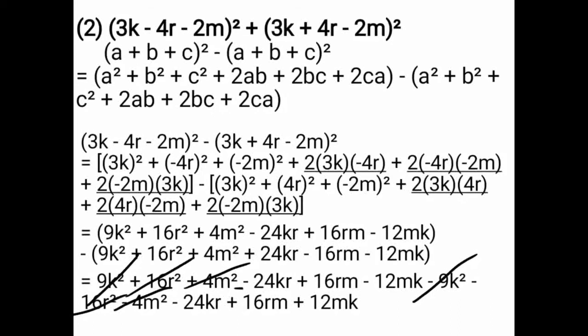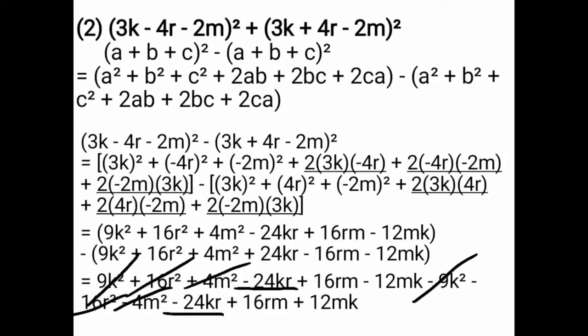You have to add minus 24kr minus 24kr. If two negative equal numbers are there, you have to add. Minus 24kr minus 24kr is minus 48kr. 24 plus 24 is 48.